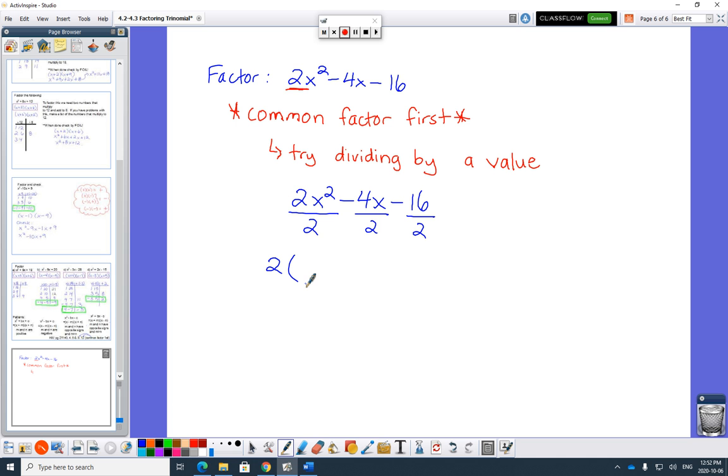2 divided by 2. Now we have x squared. Oh, wonderful. Negative 4 divided by 2, negative 2x. Negative 16 divided by 2, negative 8.